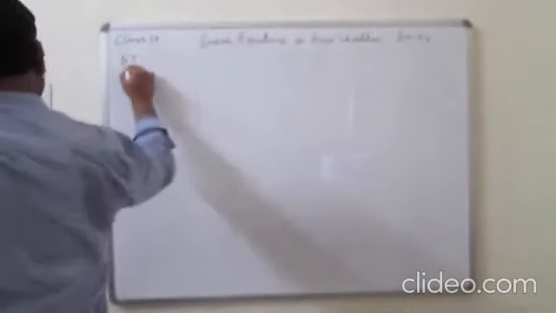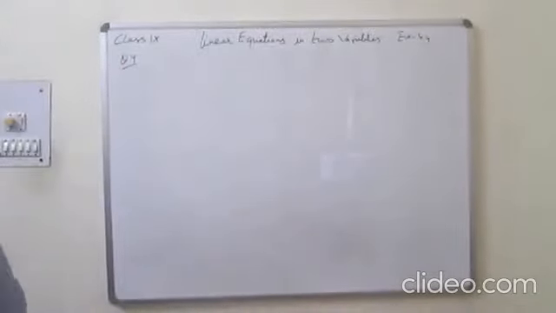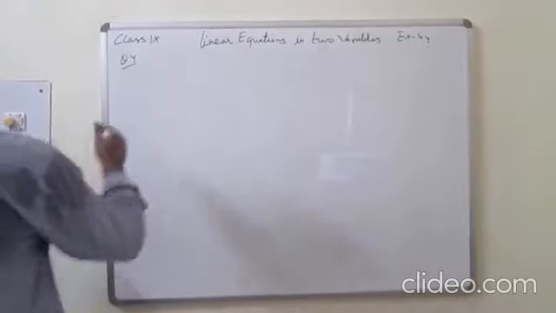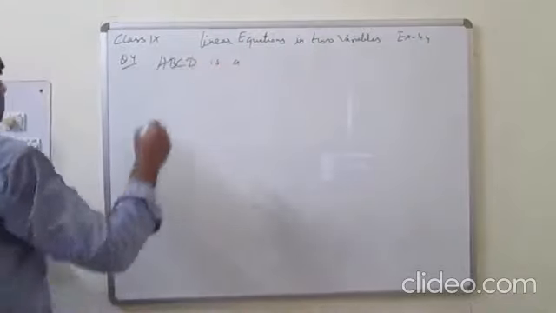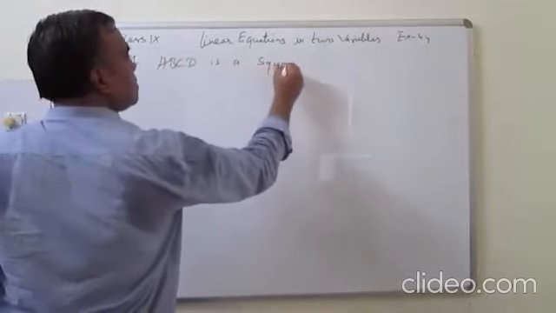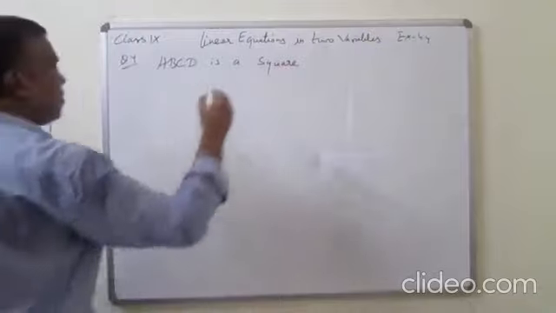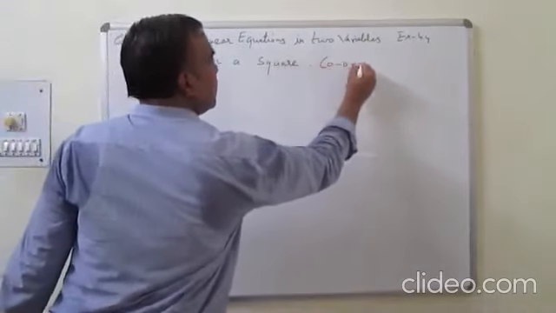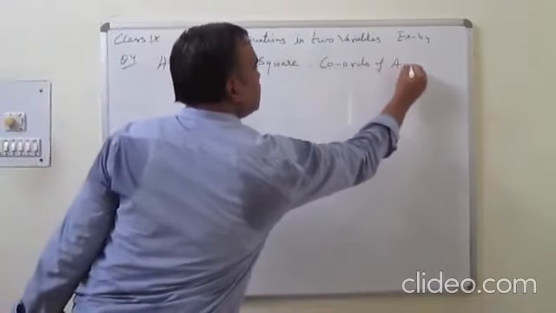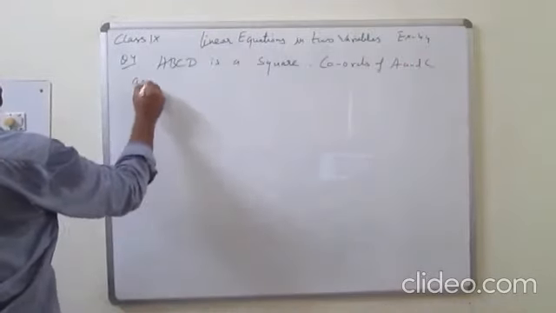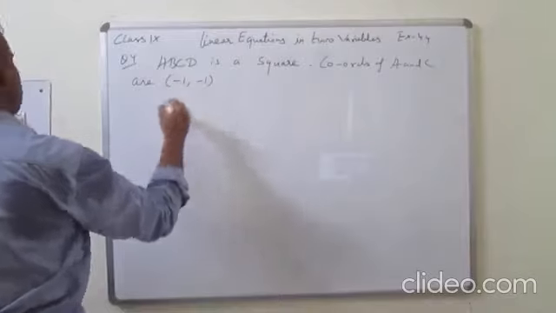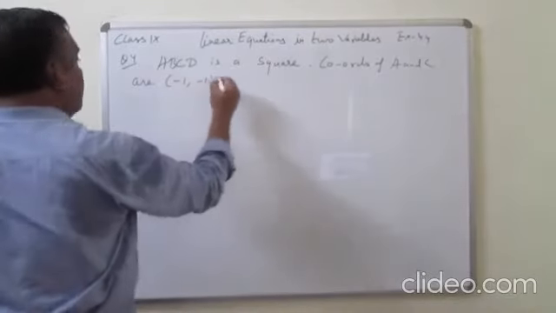Question 4. ABCD is a square. Coordinates of A and C are (-1, -1) and (1, 1).